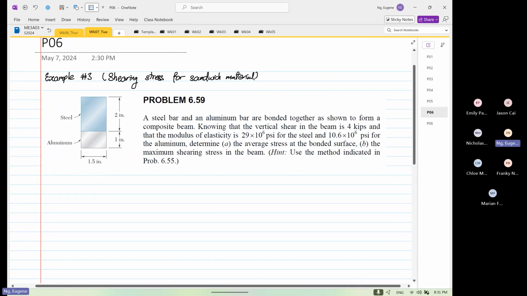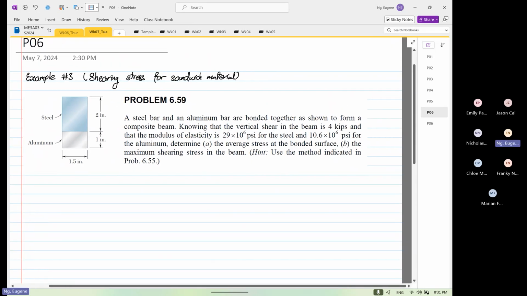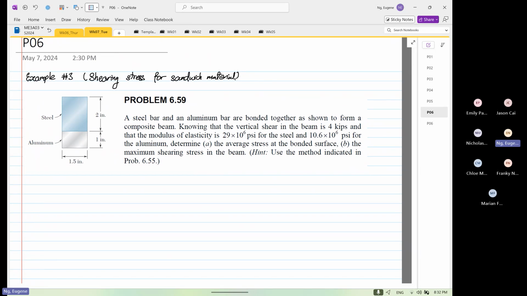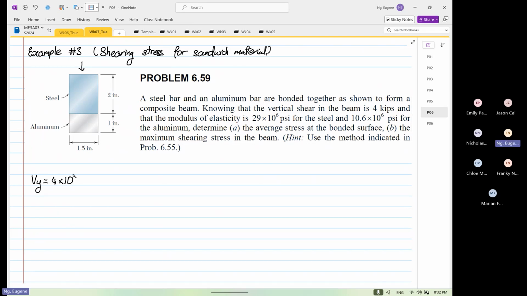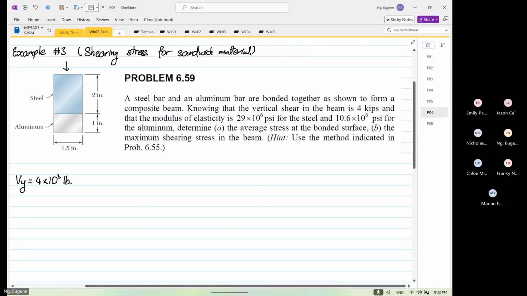So you can see in this problem over here, we have a steel bar and an aluminum bar, bonded together to form a composite beam, with the vertical shear coming down vertically. We are given that Vy is coming down at 4 times 10 to the power 3 pound force.